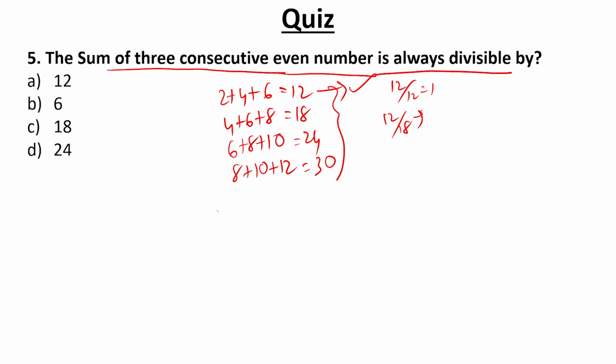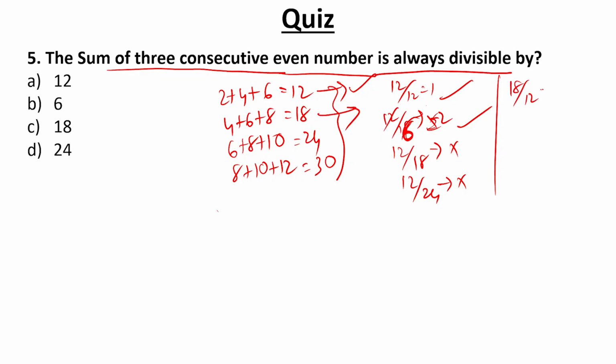So that is not possible. 12 divided by 24 is not possible either. Sorry, 12 divided by 6 is 2. So these both satisfy the condition. Let's go to the next one.